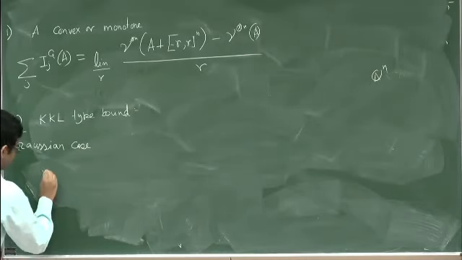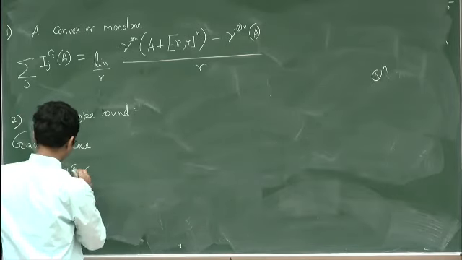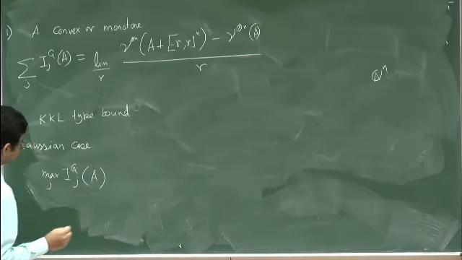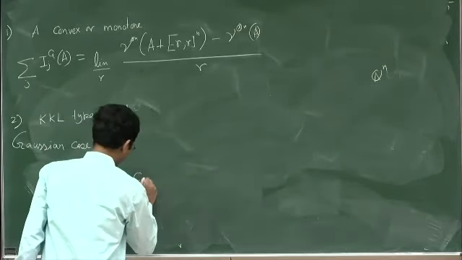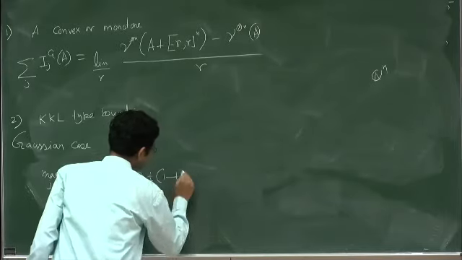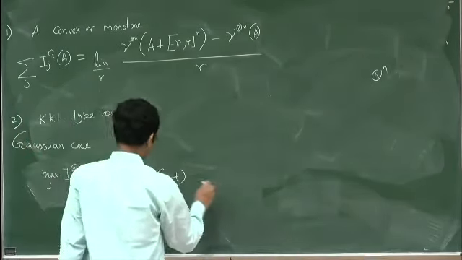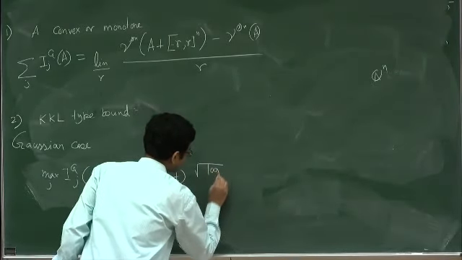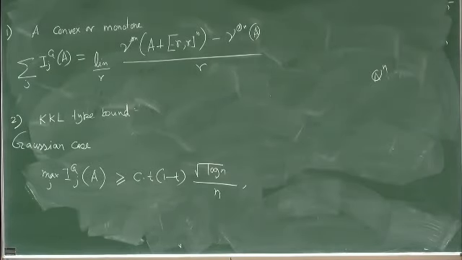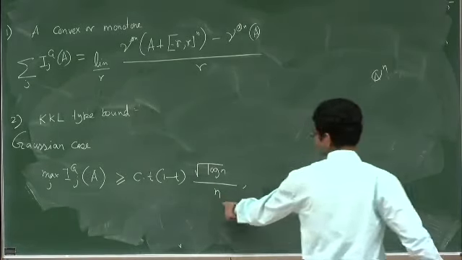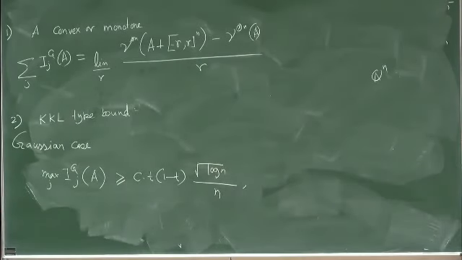We proved that there exists a j such that the jth geometric influence of A, which is a subset of R^n, is greater than or equal to some constant times t(1-t), where t is the measure of the set A, times square root of log n over n. But actually this is sharp in the sense that the dependence on n is tight.